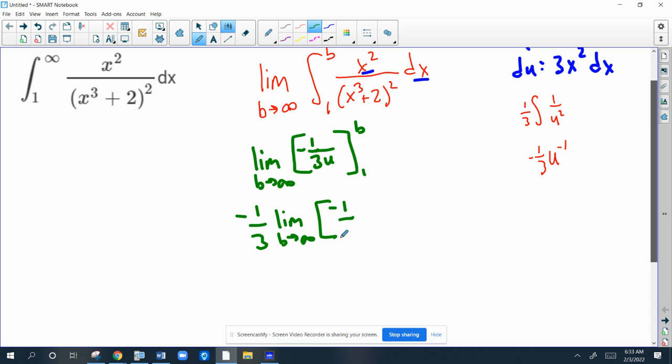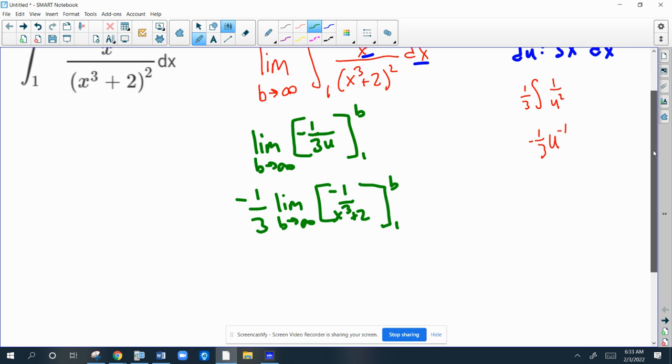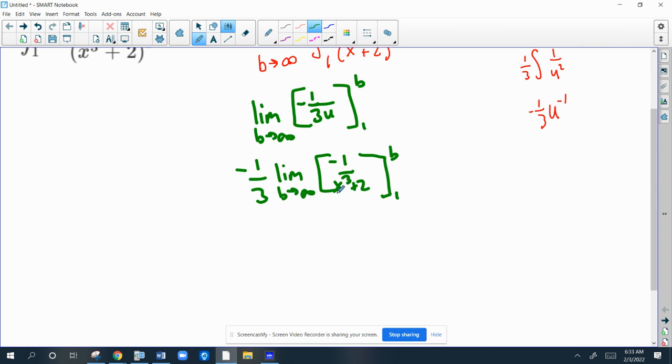Let's see, this was x cubed plus 2. X cubed plus 2. That was our u. I meant to plug that in right away. And I caught that I factored out the negative, so here we go.